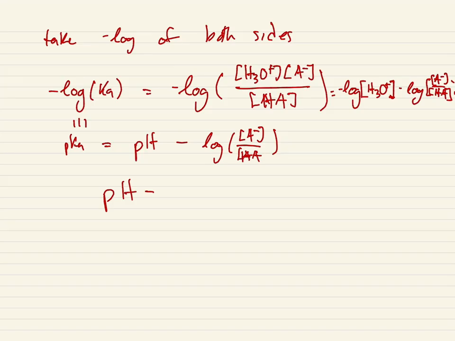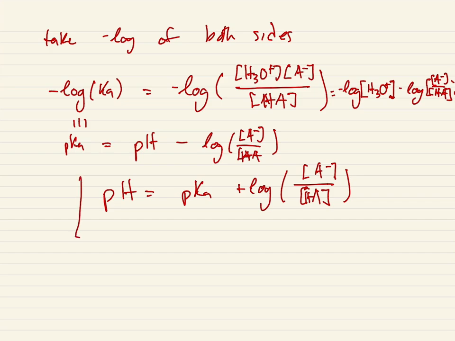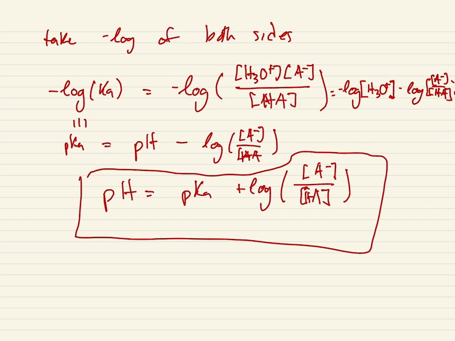So we get the pH is equal to the pKa plus the logarithm of A minus over HA concentration. Right, so we just derived this relationship because we're assuming that the changes on the way to equilibrium are small, right? So now we can use initial concentrations to look at the pH of the solution.